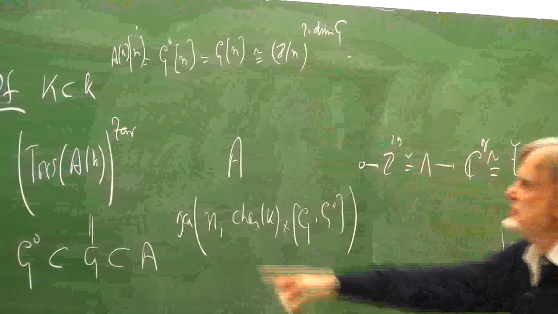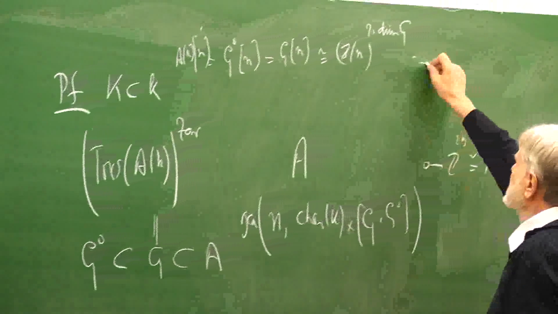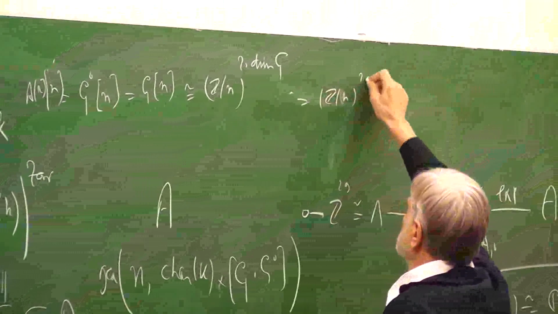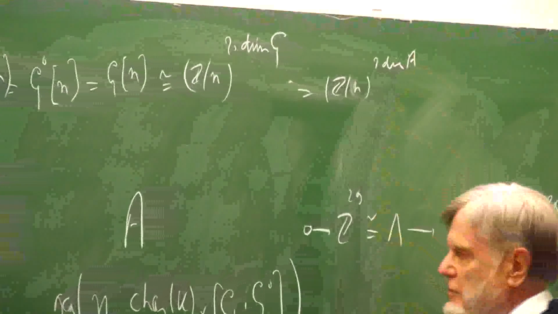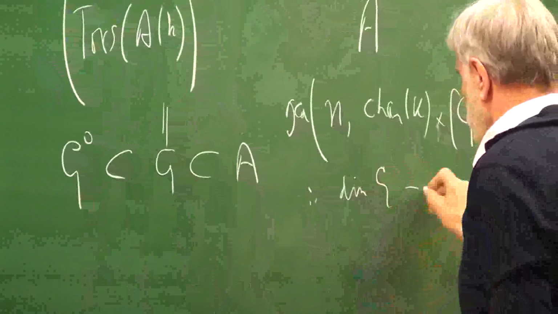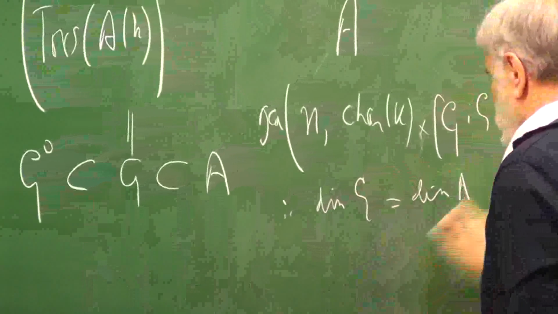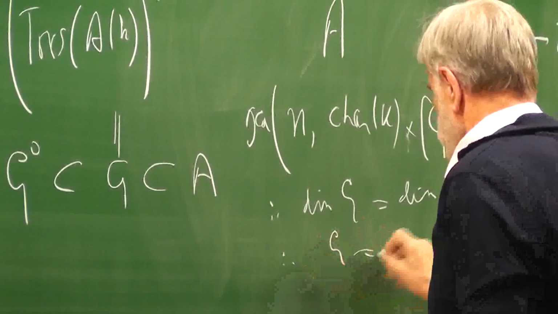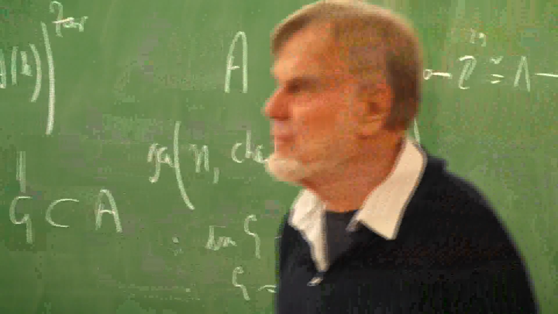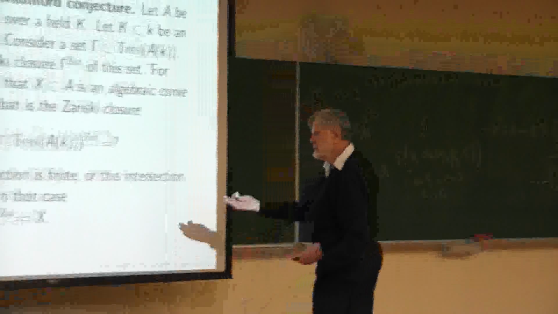On the other hand, it is the N-torsion of A, so it's also (Z/N)^(2 times the dimension of A). So the conclusion is the dimension of G is the dimension of A. Conclusion, G is A. Okay, so that is the starting point.